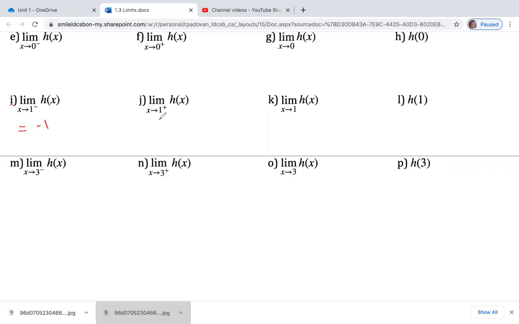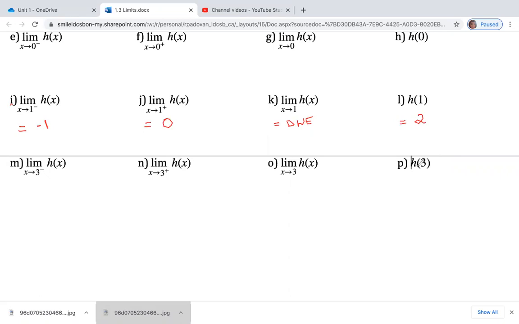As I approached 1 from the right-hand side, I was approaching a y value of 0. So because these values are not the same, the limit as I approach 1 does not exist. And h at exactly 1, if you remember, the closed hole was at 2.